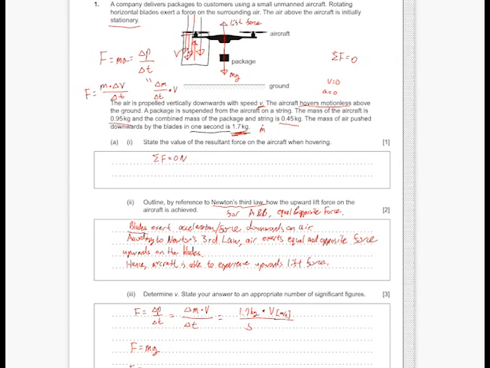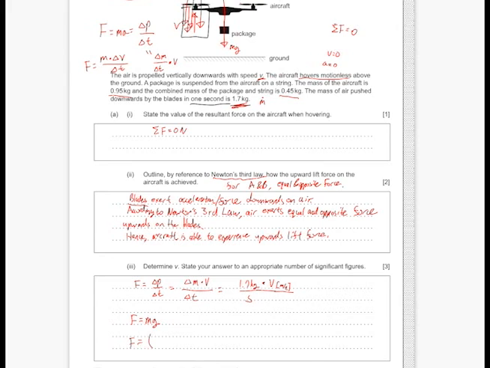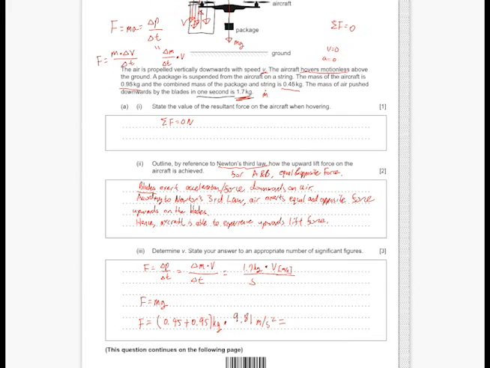So the package, string, and the aircraft add up to 1.4 kilograms. We multiply by the gravitational acceleration, 9.81 meters per second squared. This gives us roughly 13.73 newtons.